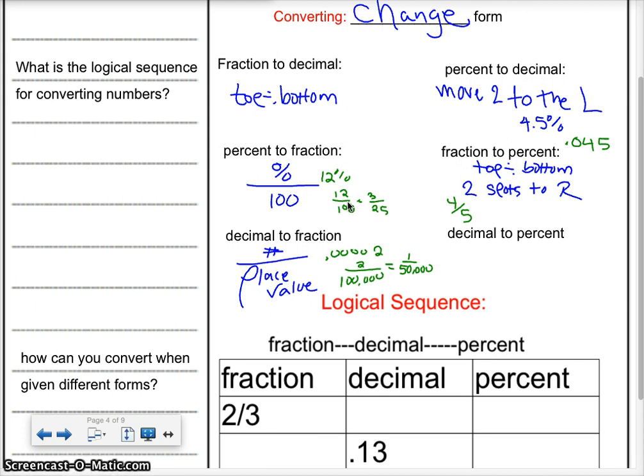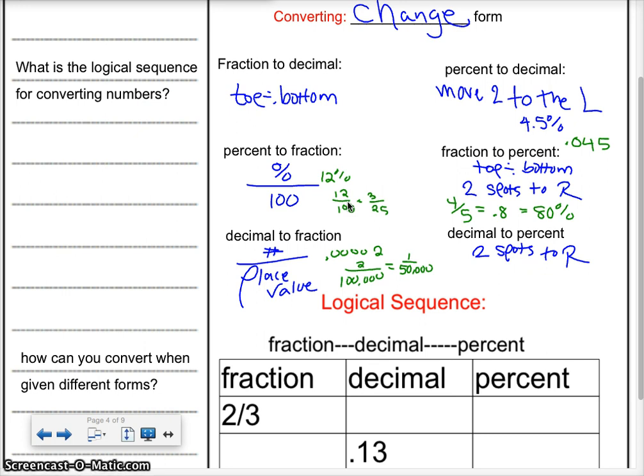Well, 4 divided by 5 is 0.8, which is 80%. And decimal to percent, 2 spots to the right. A lot of this you can just plug in your calculator though and do that converting, that little arrow to change forms.